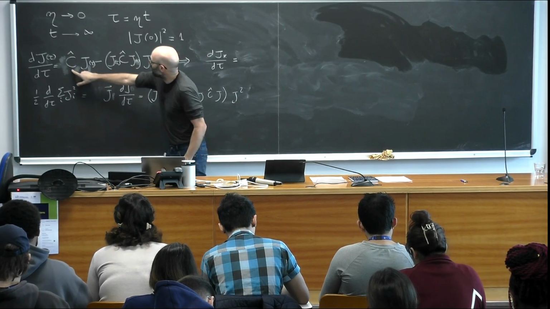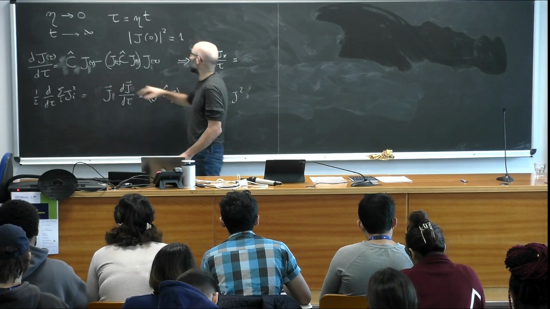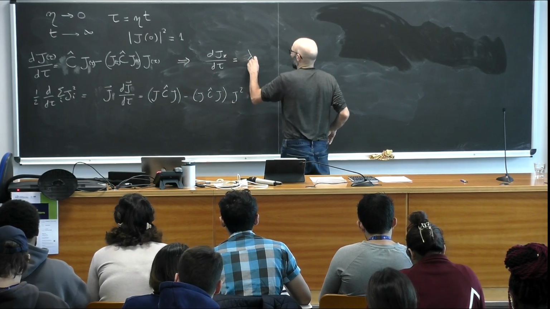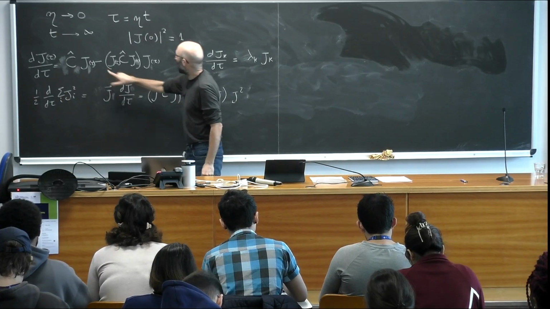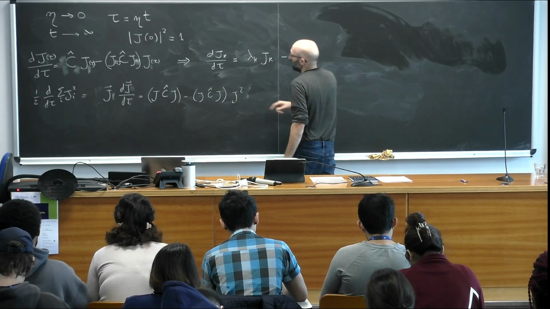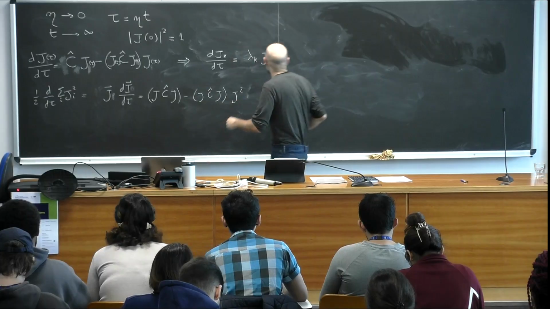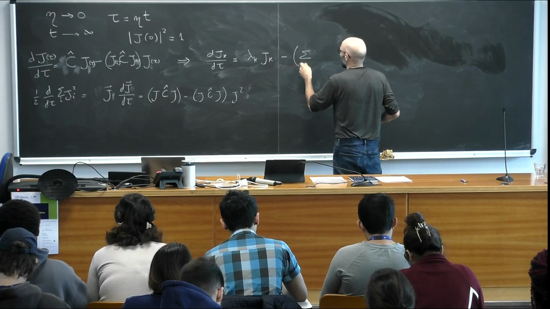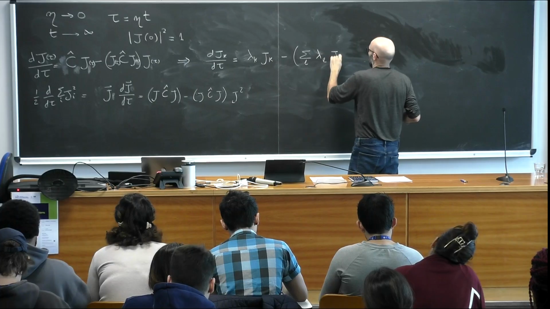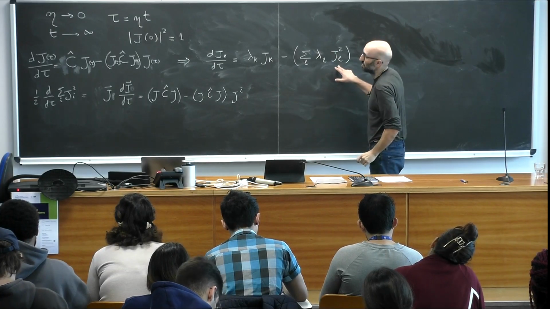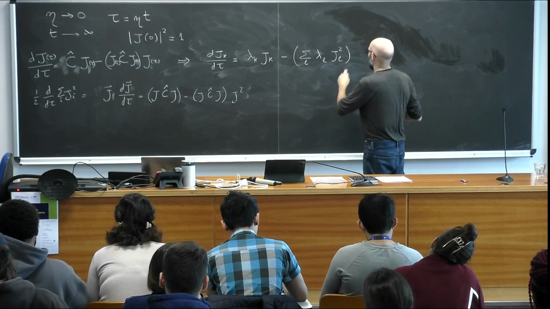So this will be lambda k jk minus, if C is diagonal, the sum over l of lambda l jl square times jk.